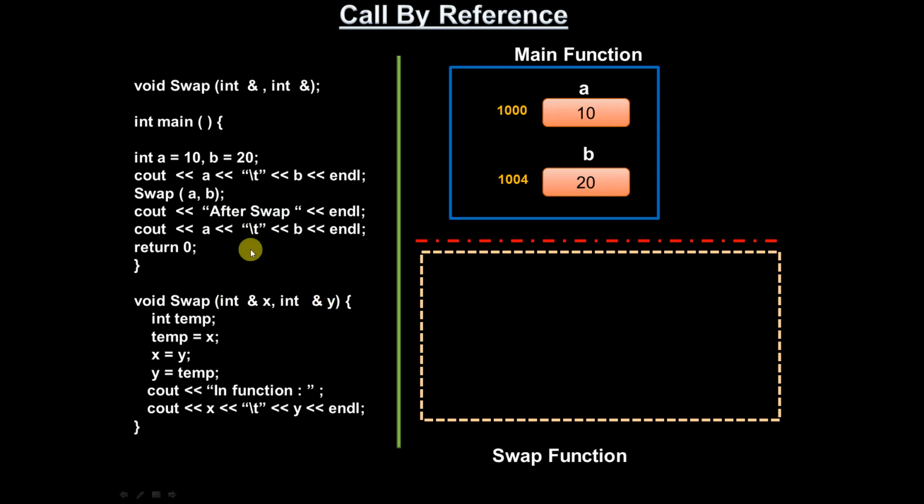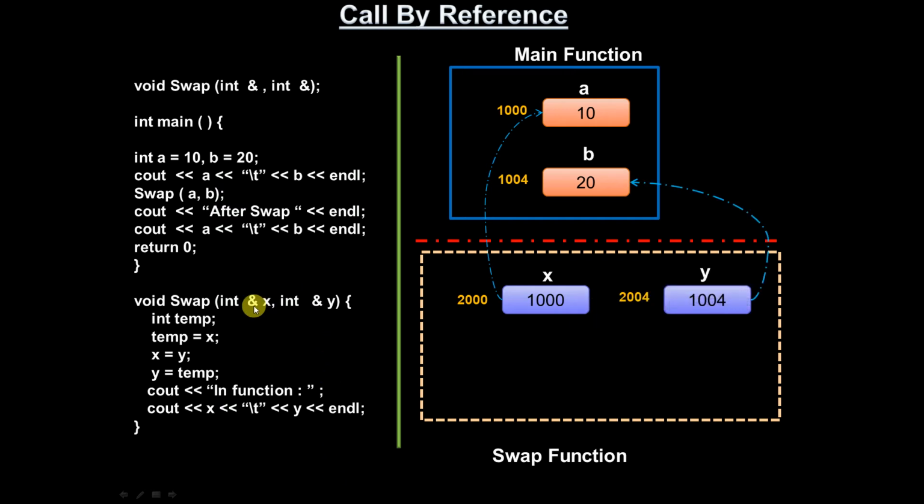As I already told you, reference variables are internally implemented as pointers, and it will be something like const int star x equals address of a. Now for x and y, 4 bytes of memory each will be allocated, and x is holding the address of a and y is holding the address of b.